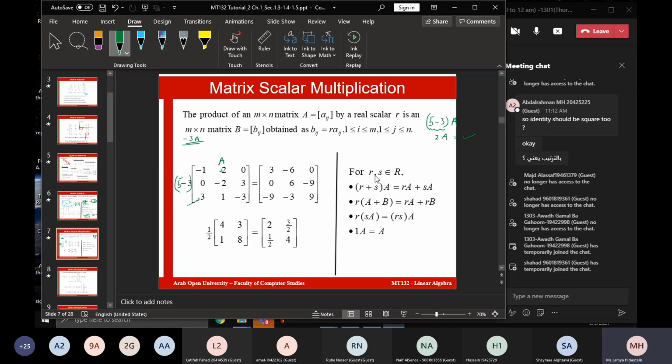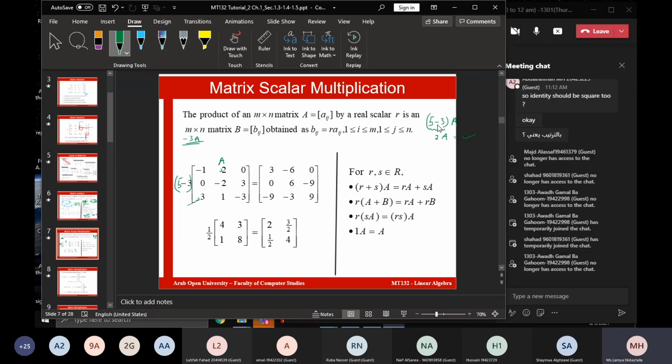Or else we can distribute. Okay, so this is equal to what? 5A. You get first the 5A and then get the 3A. So minus 3A and then get the answer. And you're going to get the same answer as this one. But this one is simple steps.